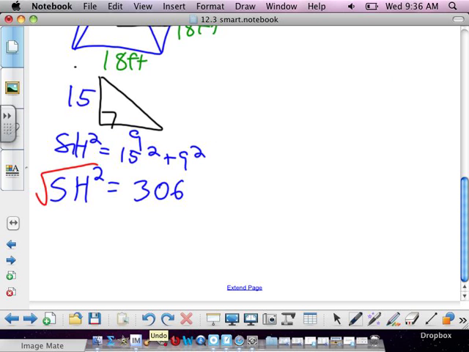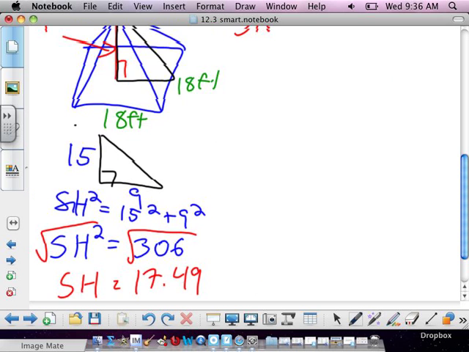And then I'm going to square root both sides. And I get that the slant height equals 17.49. Okay?